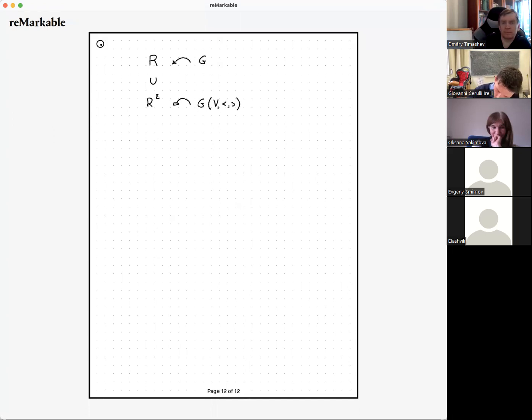So the isotropy group, let's call it G_epsilon, is a subgroup here. And then the first theorem is well known. There is a paper of Magyar, Weyman, Zelevinsky.